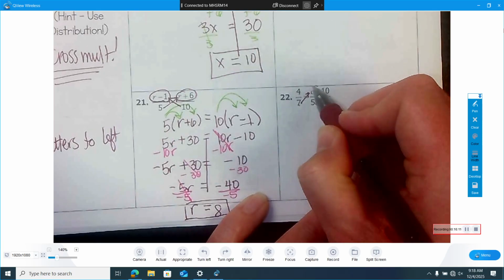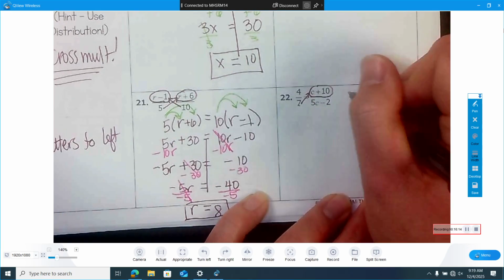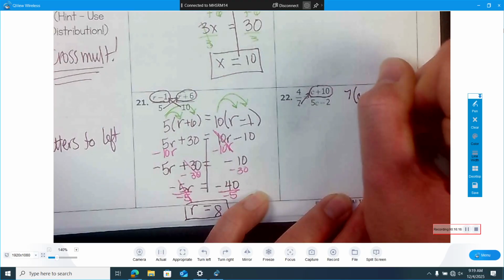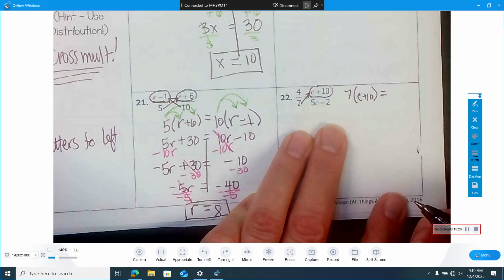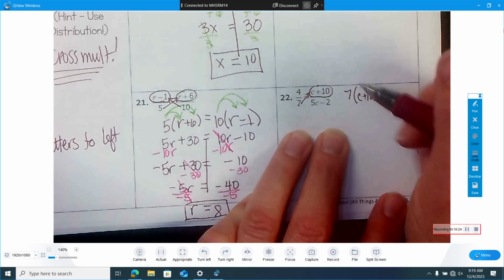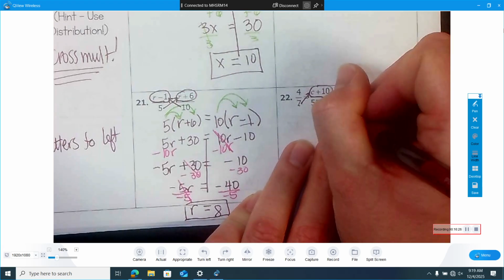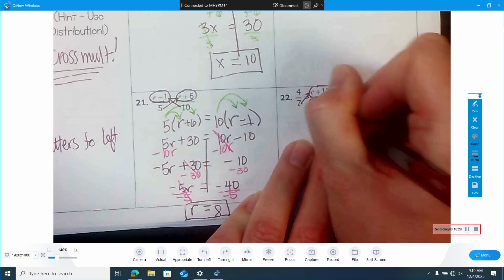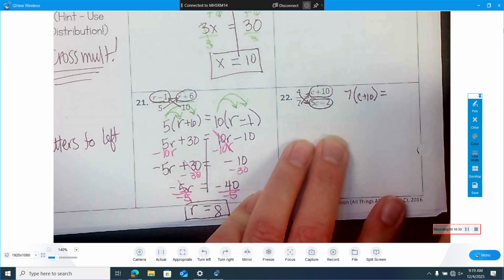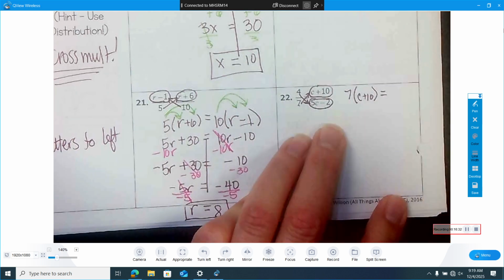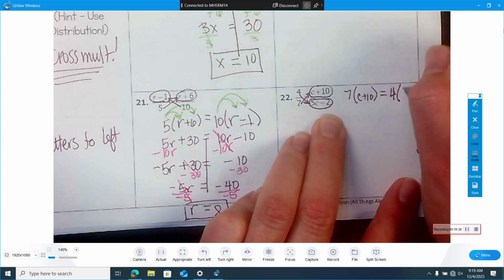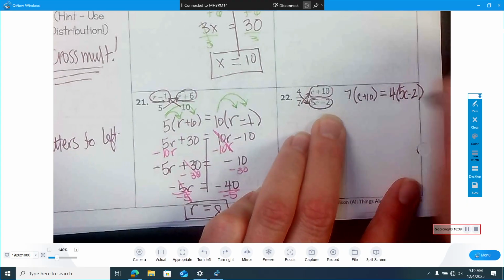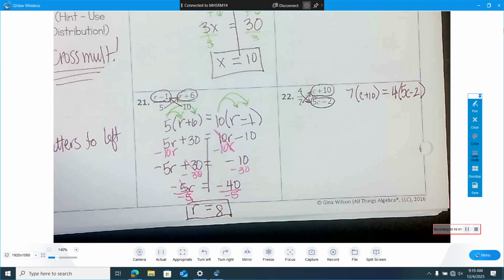Yeah, 7 times the whole c plus 10. 7 times the whole c plus 10 is equal to? 4 times 5. Yeah. We got to take this whole 5c minus 2 and multiply it with the 4. And we can write that either way. It doesn't matter, but typically we put the 4 in front. And then times the whole 5c minus 2. That's how I would write that.